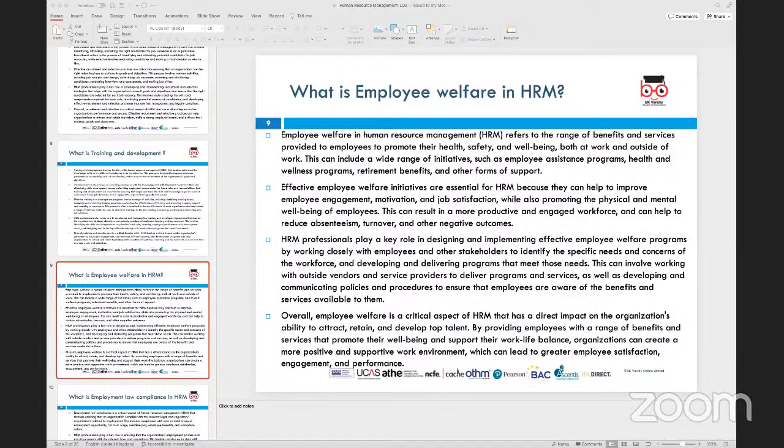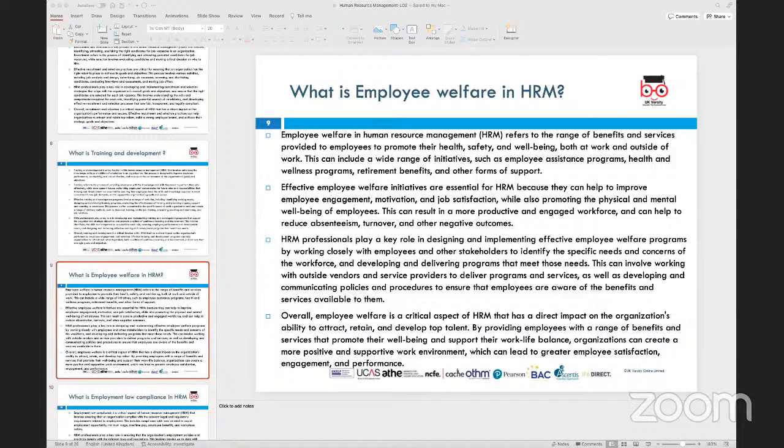This would also involve making sure that the premises in which the employees actually work are healthy, clean, and allow the employees to work without any fear of health and safety hazards within the organization.